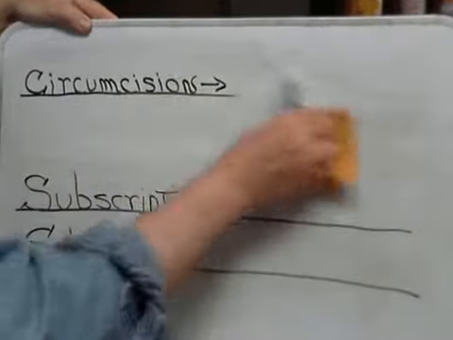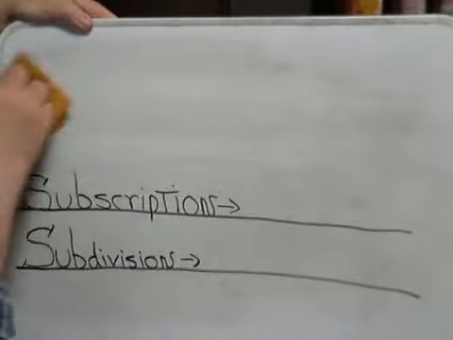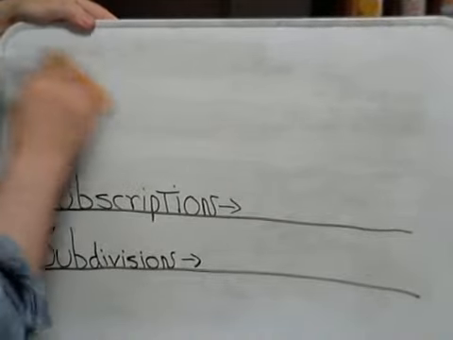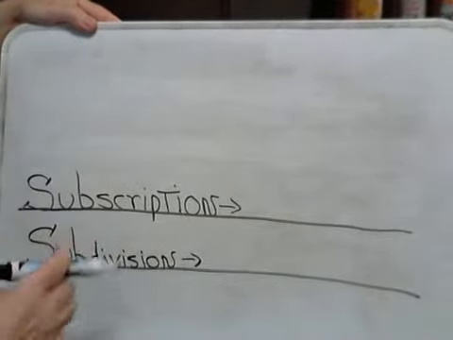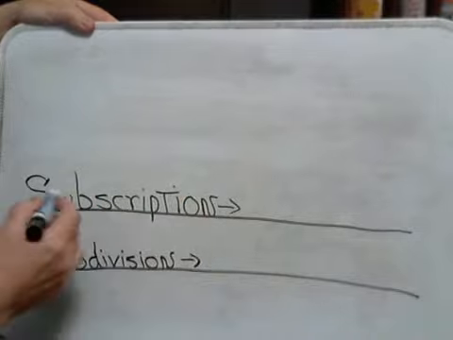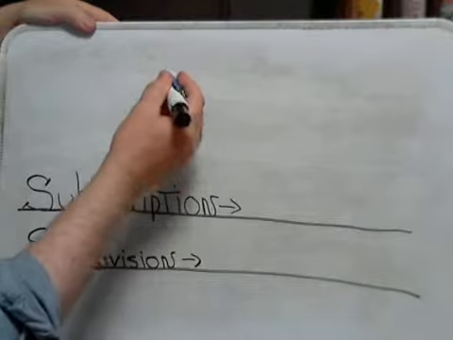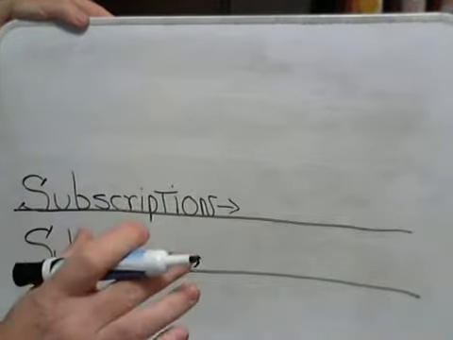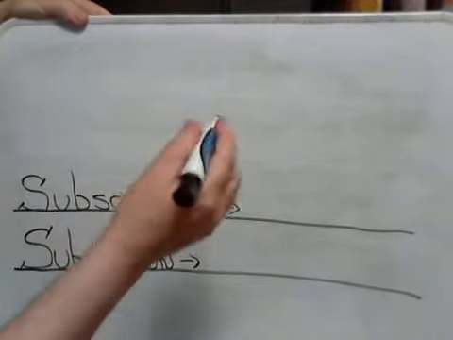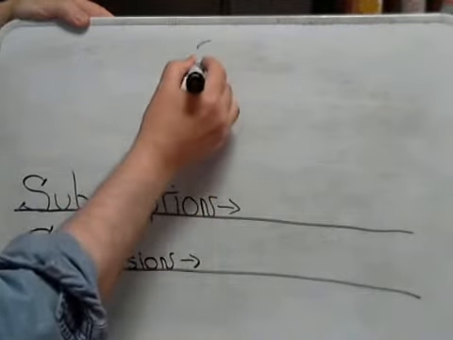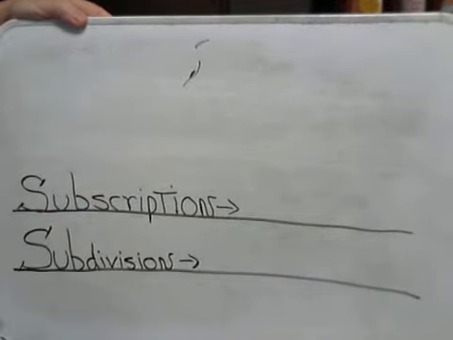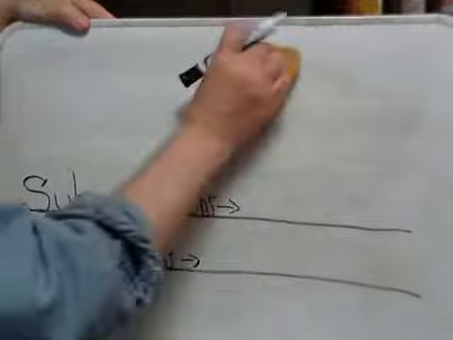And oh my, do we ever have a bunch of words in our English language that begin with sub. Look at the word subscription. The beginning here, sub, and subdivision, when sub is the beginning of a word, we don't detach it like we did with circum. Like circumcision, we don't do it like that when it comes to the prefix of sub.